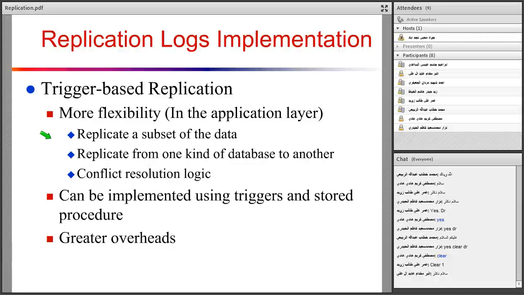For example, when new rows are added to the database, the trigger can activate and immediately send the information to the followers. Or when some records are removed from the database, again the trigger can activate. And also when we want to update some records in the database, again the trigger can activate.